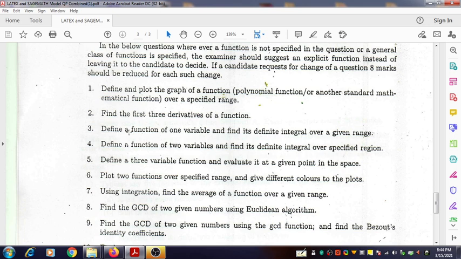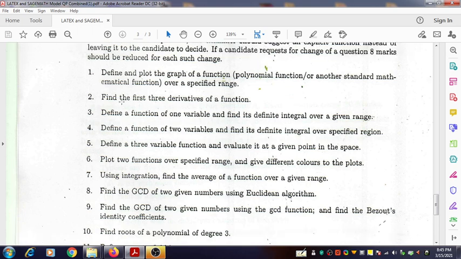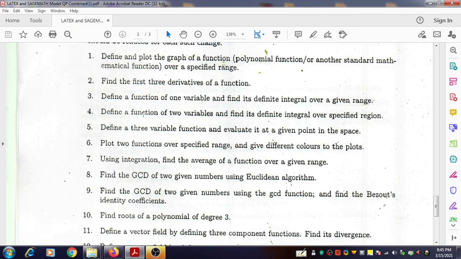Now, the first question you can read is: define and plot the graph of a function. Define a function and then plot its graph. Then find the first 3 derivatives of a function. After defining a function, you have to find its first three derivatives, and there is a derivative function you can use.